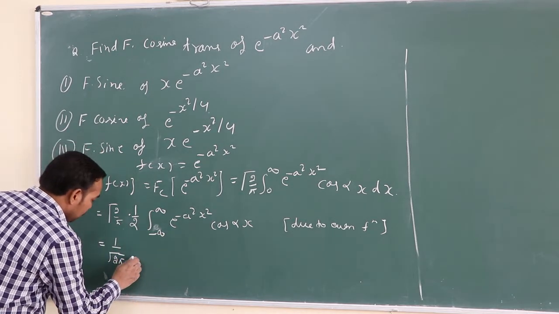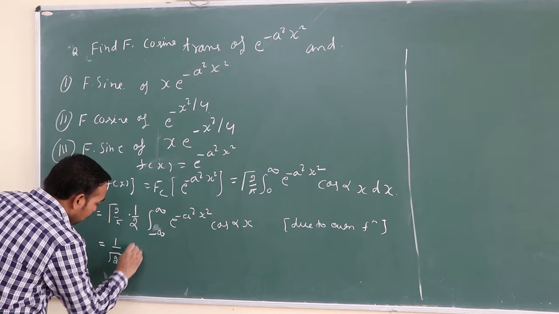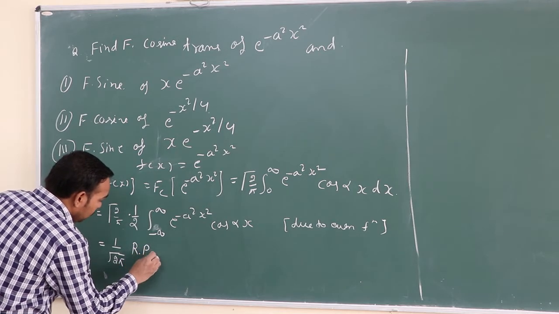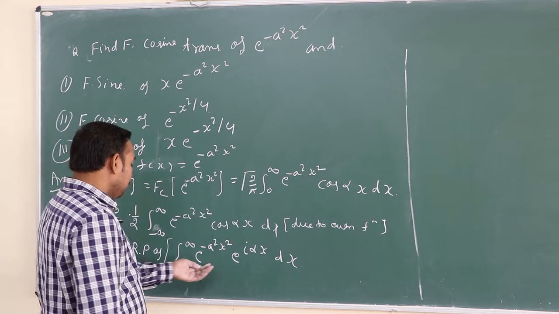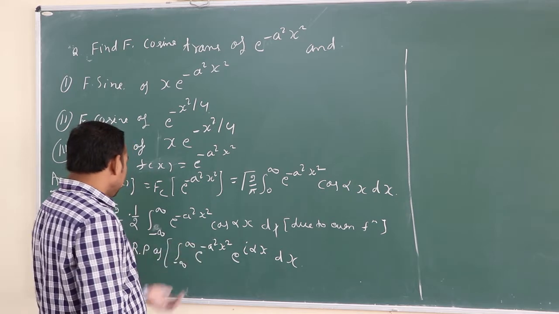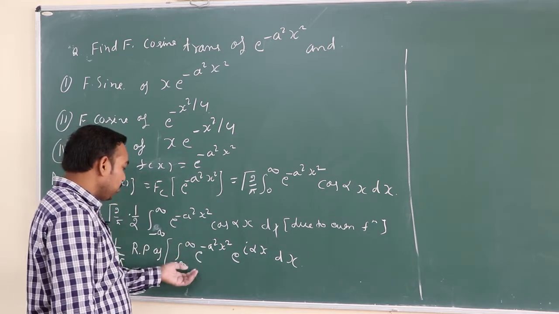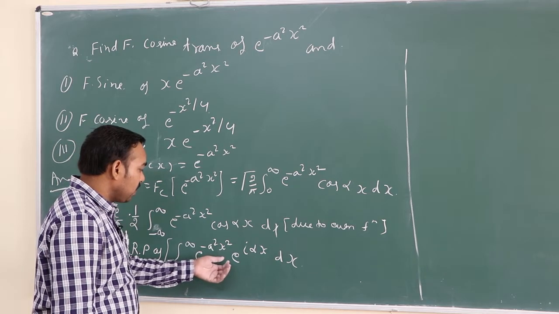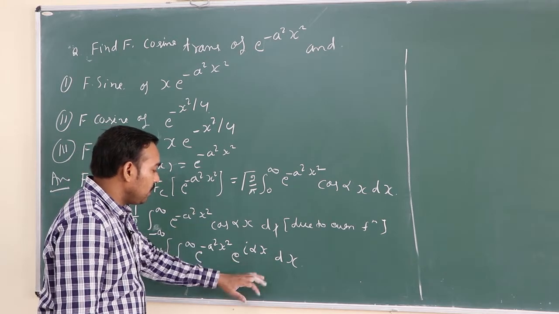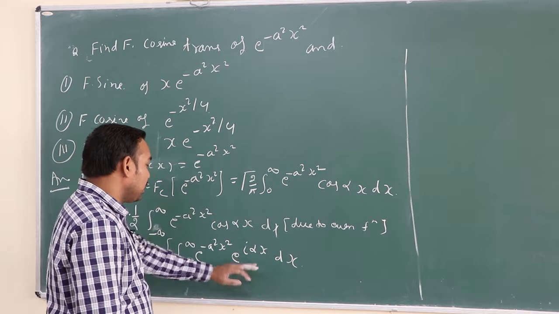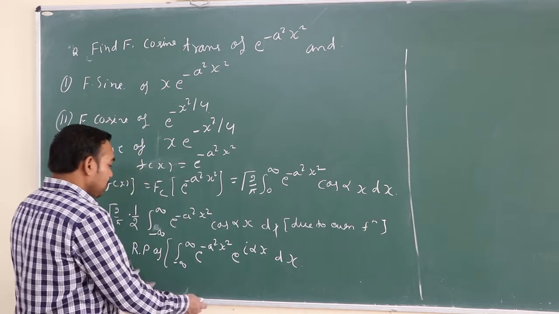We can say this can be written as the real part. This is the representation: the real part of e to the power minus a square x square times e to the power i alpha x, where e to the power i alpha x is cos alpha x plus i sin alpha x.